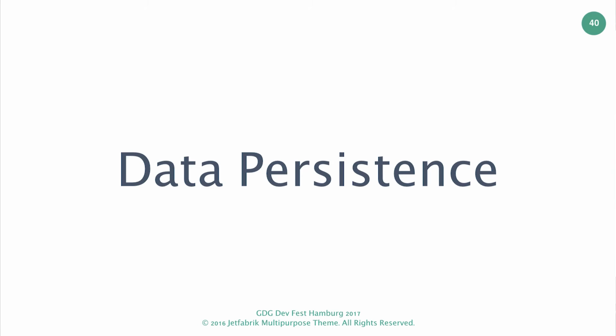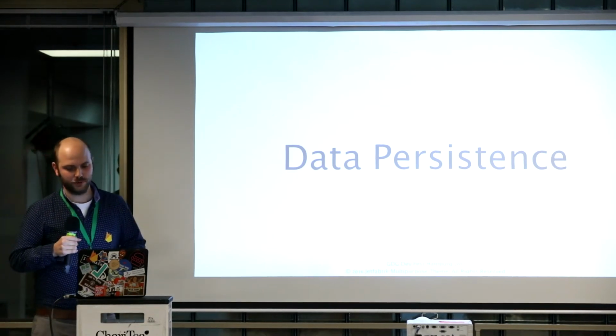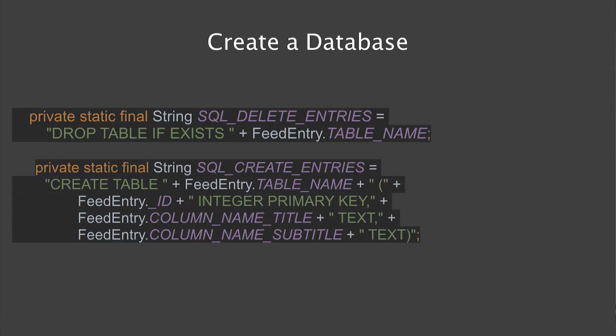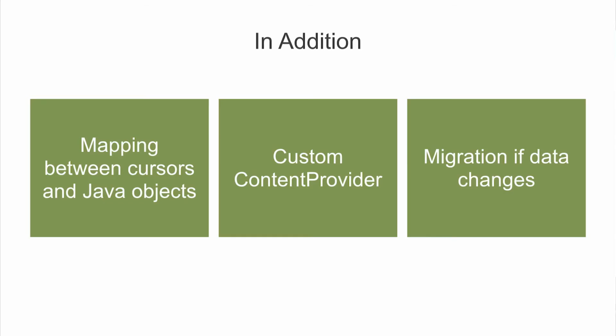And of course, everything is very boring without data persistence. So Serge talked before about Room. Usually, if you use the native database implementation, SQLite, then you probably create a database, and then you create a SQL helper. Then you have some additional code that you need to map between the cursors and the Java objects.